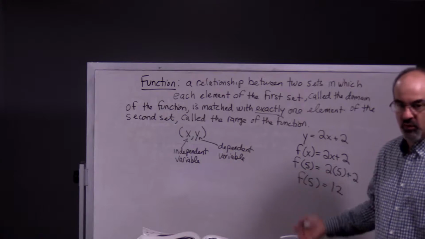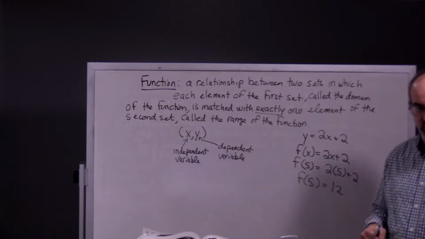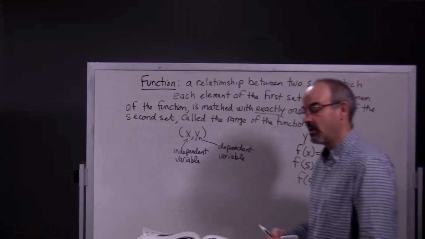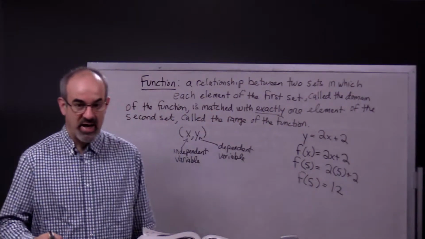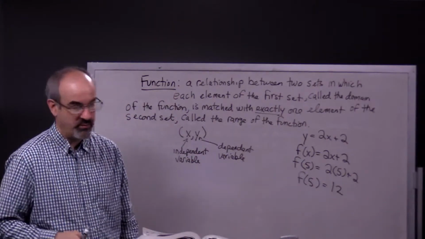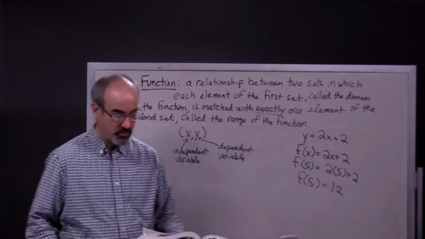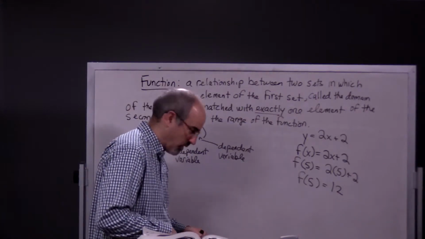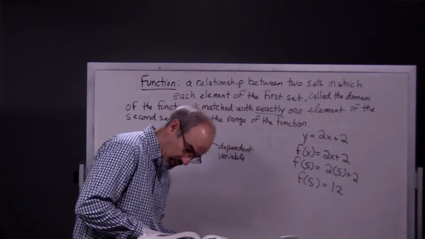So if you do it today, you put 5 in the function, you're going to get out 12. You do it tomorrow, you plug in 5, you're going to get out 12. 5 is paired with or matched with 12 in this particular function. Okay. So let me erase the definition, or let me erase all this stuff here.